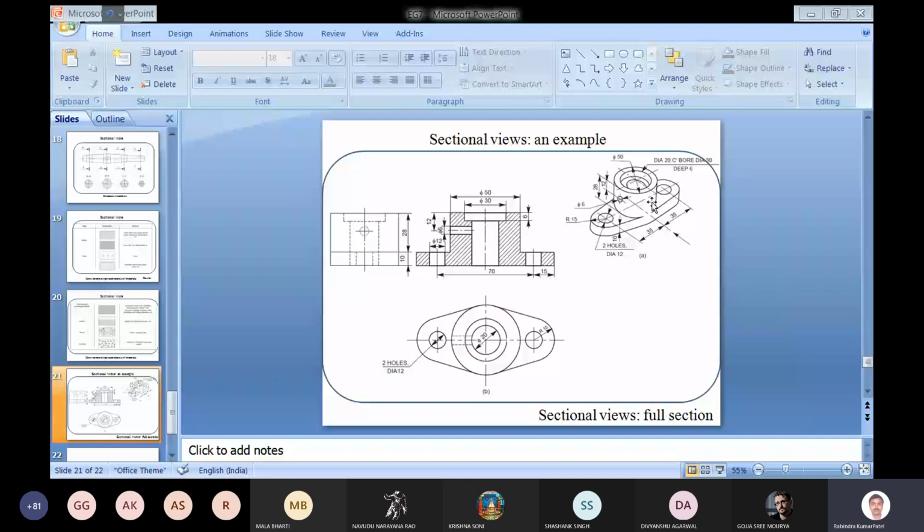In this case, if the cutting plane is passing throughout the length, we will remove this part, and the section produced by it we can draw like this. So this is the full sectional front view, this is the top view, and this is the side view. So here complete internal detail has been shown for this particular object.